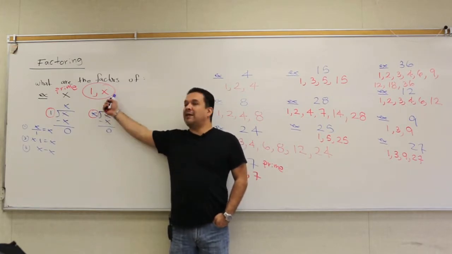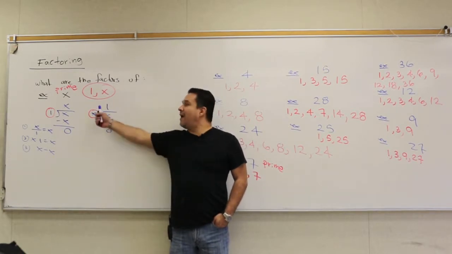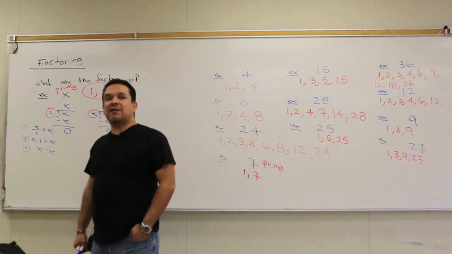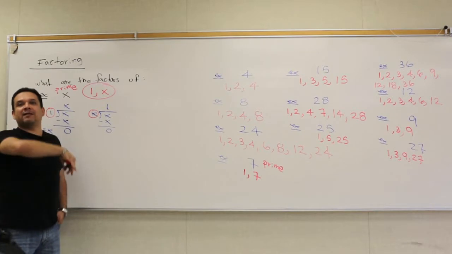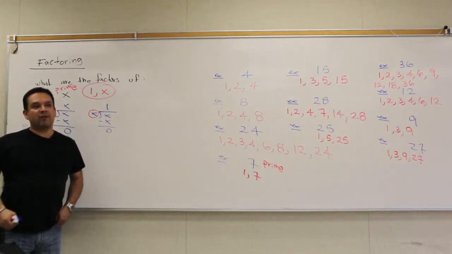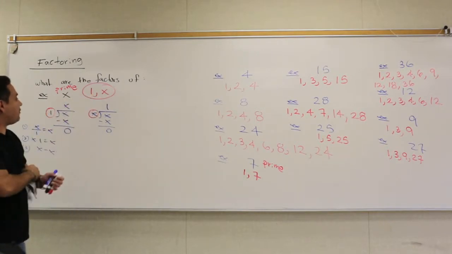But I know x divides x, and I know 1 divides x without a remainder. Those are my factors. We've got to keep it simple here. You can't say, how about try z? We don't know the value of x or z. So x has 1 and x as its factors.